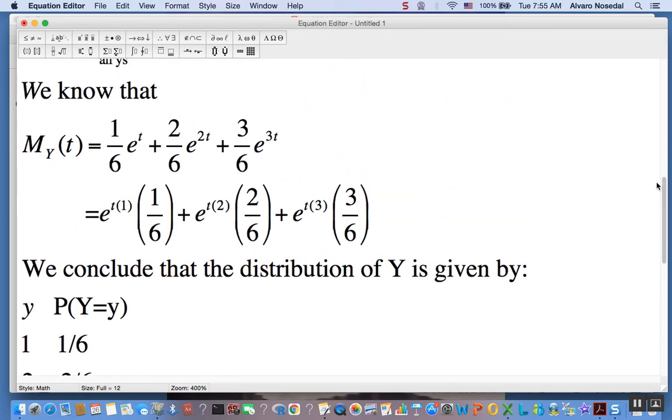Then we have 1 over 6 e to the power 2t, so constant times the derivative of this guy. The derivative of e to the power 2t would be e to the power 2t times the derivative of this with respect to t by the chain rule, but the derivative of 2 times t with respect to t is just 2.